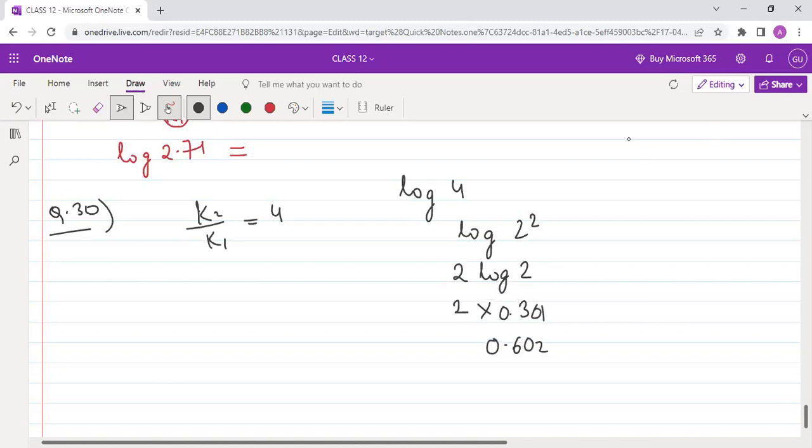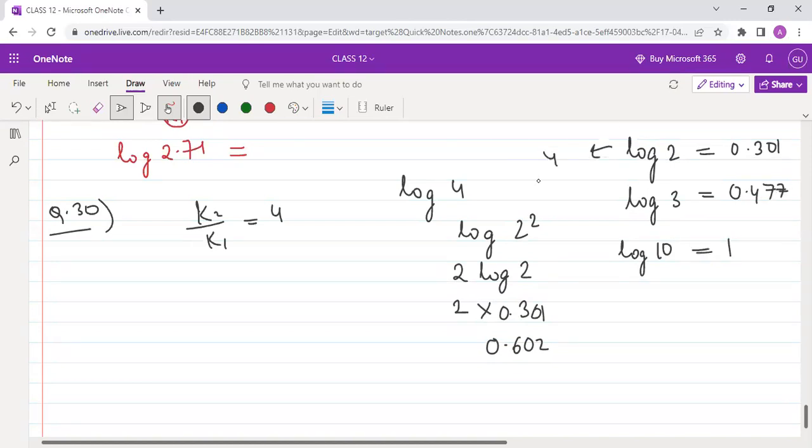At least you can learn the values of log 2 and log 3 and log 10. So log 2 is 0.301, log 3 is 0.477 and log 10 is 1. So this much you can learn and then you can find out the values for 4, 8 or 9. And then you can rearrange.